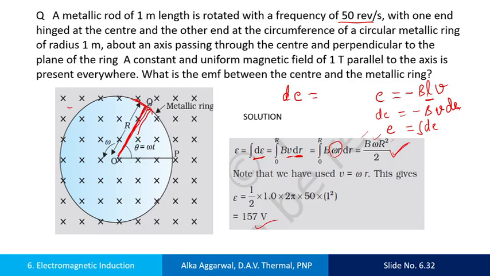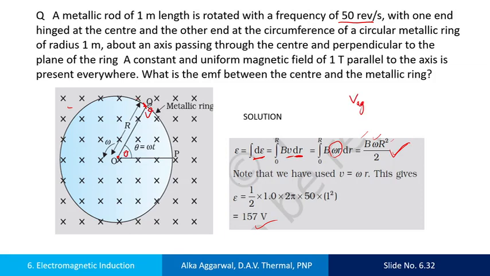The alternate method to get this formula is as follows. As it is hinged, here the linear velocity is 0 and at this point the linear velocity is v. So the average velocity is 0 plus v by 2.